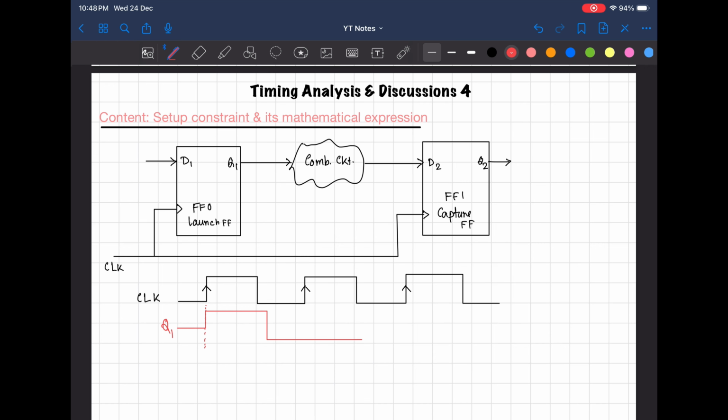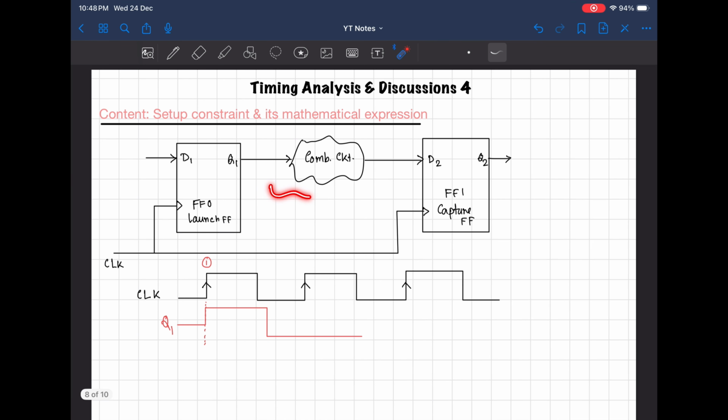Forget about the clock to Q delay for now; take it as an ideal clock to Q delay.